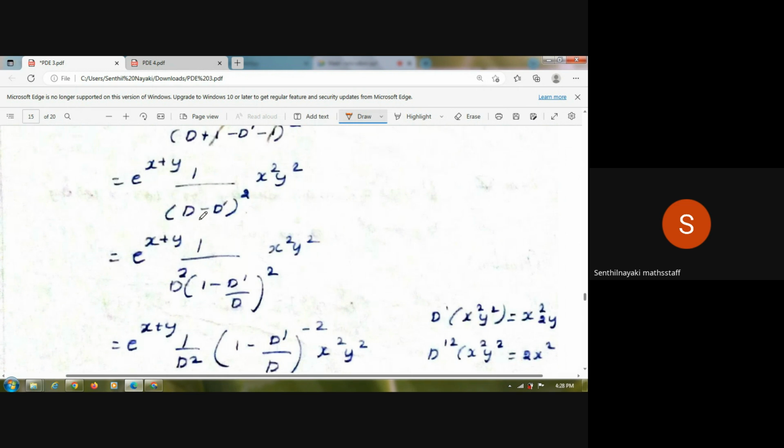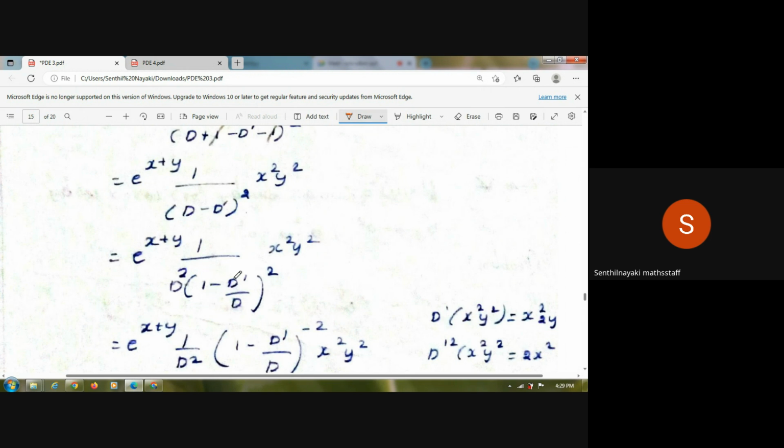Take D as a common term for converting the first term as 1, because for the polynomial case we have to convert the denominator in either form of 1 minus or 1 plus. So here I am trying to convert 1 minus. Here the power of this factor is 2, so if you take D outside then it will become D square.